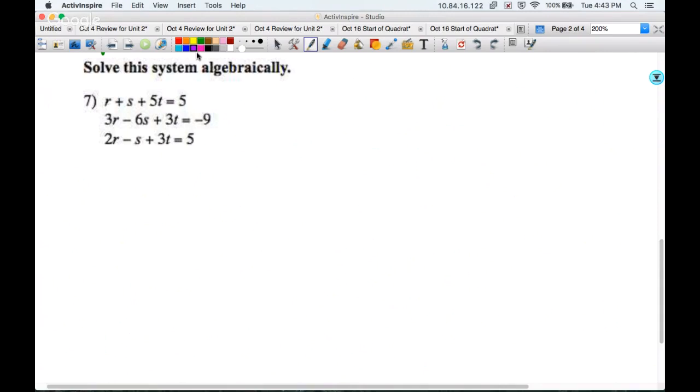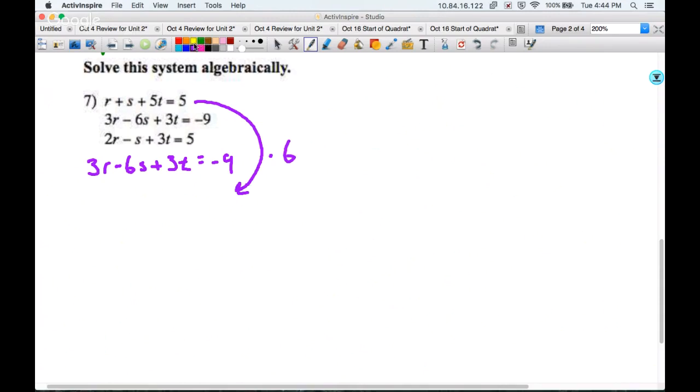It looks like I can eliminate my s variable without too much trouble, so I'll do that now. Copying down my second equation. I'm going to multiply this one by 6 right below it.